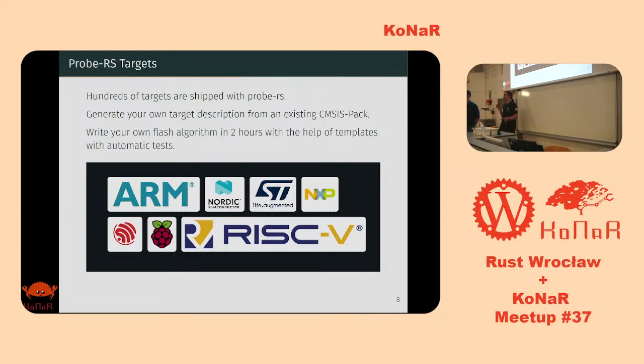With ProbeRS, you can flash programs written in Rust, C, or even MicroPython. So if you don't want to program in Rust, or you have to stick with C because it's an older project and you can't rewrite it in Rust, starting to use ProbeRS could be a really meaningful change.